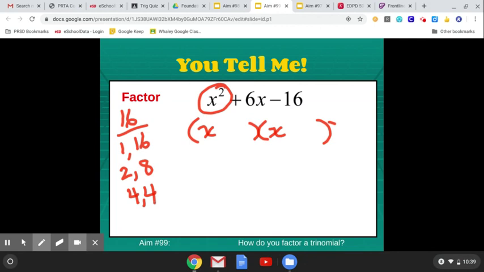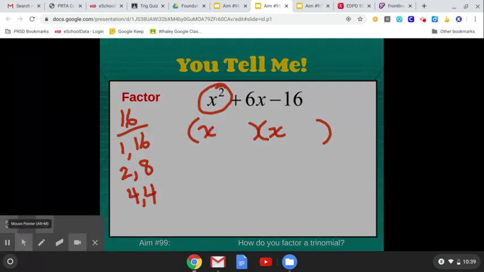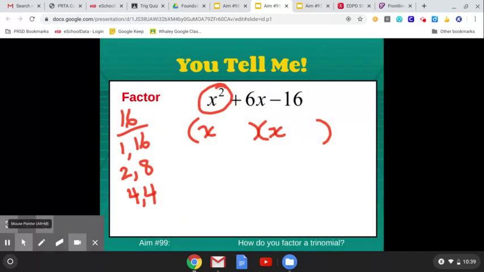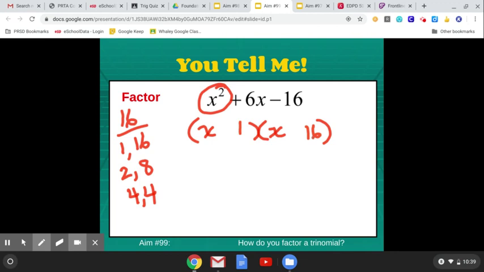Now, if I look at those, it doesn't look like any of them combine to be 6. But because this is a negative at the end, I'm going to be looking for numbers that can add or subtract to be 6. So let's see, what if I had chosen 1 and 16? Is there any way that could work? I'm not putting any signs in yet. 1 times x would give me 1x. 16 times x would give me 16x.